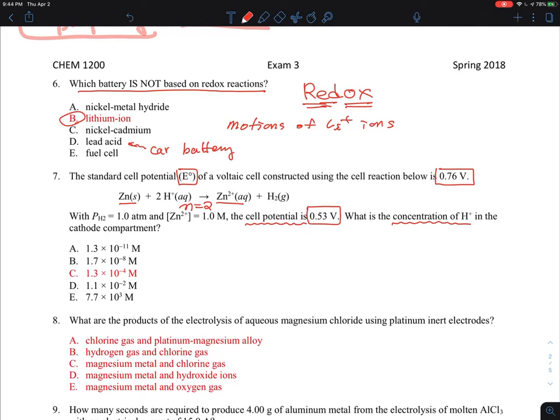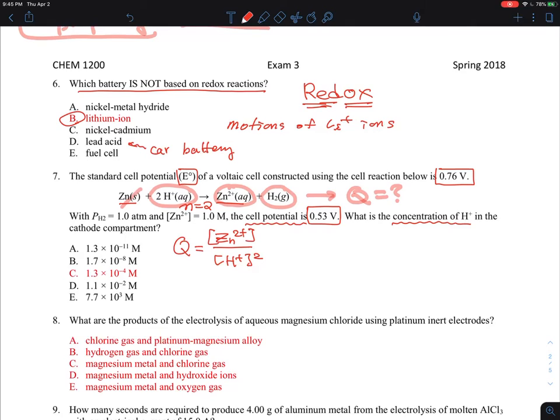So this problem is a little more challenging because I'm going to ignore anything that is a solid, but anything that is aqueous or a gas, you have to take into account for what is called the Q. In this case Q, which is a quotient, is H plus squared and the zinc 2 plus.